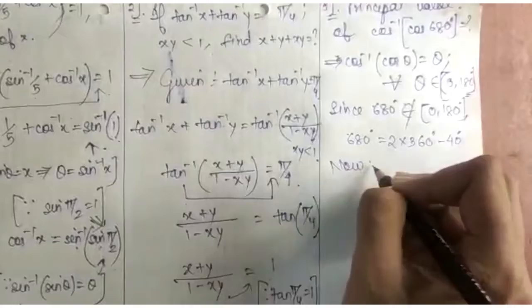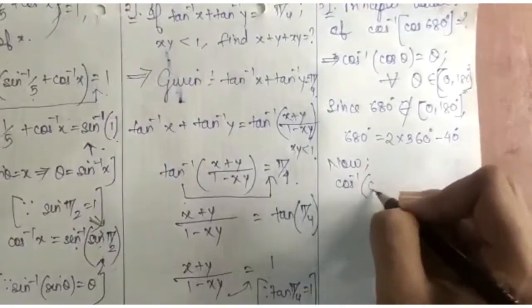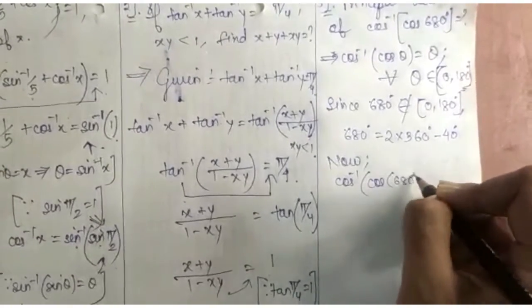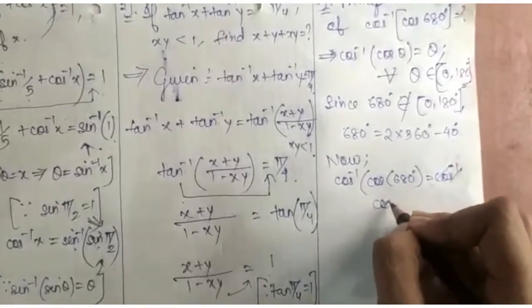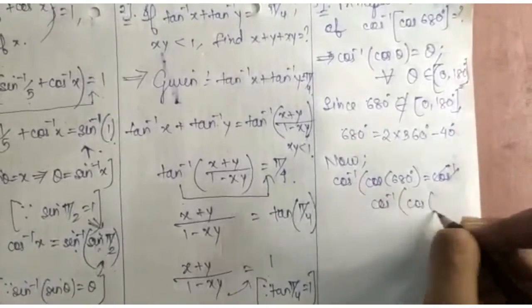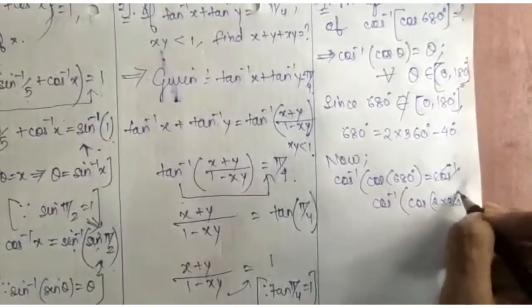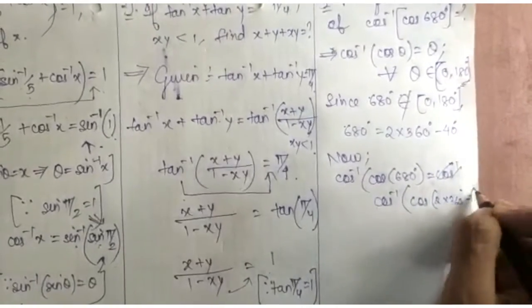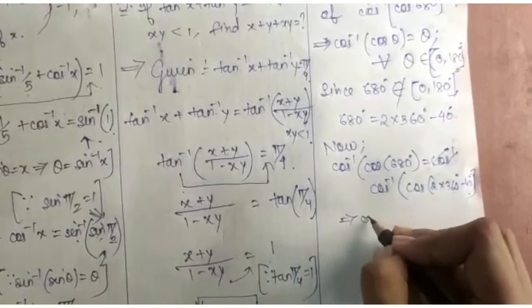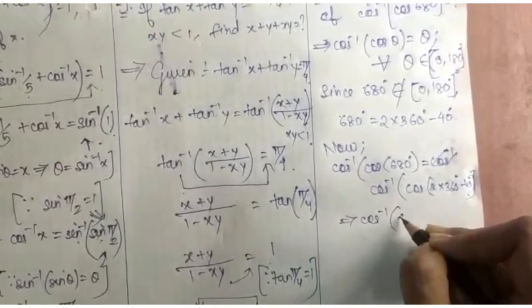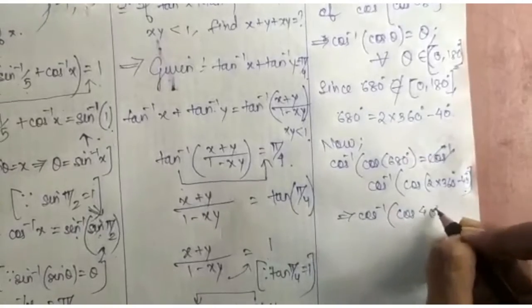Now, cos inverse of cos 680 degrees is equal to cos inverse of cos of 2 into 360 degrees minus 40 degrees. Hence, what we get is cos inverse of cos 40.